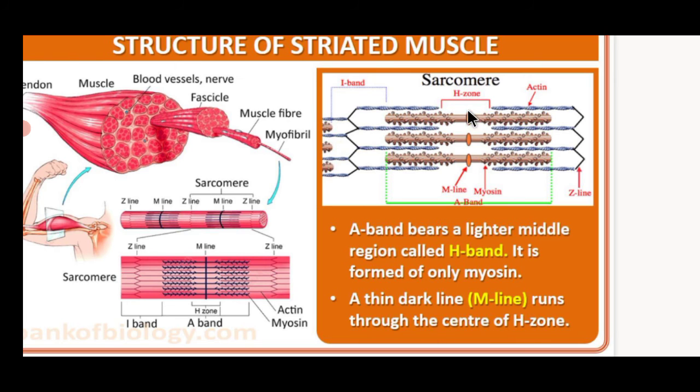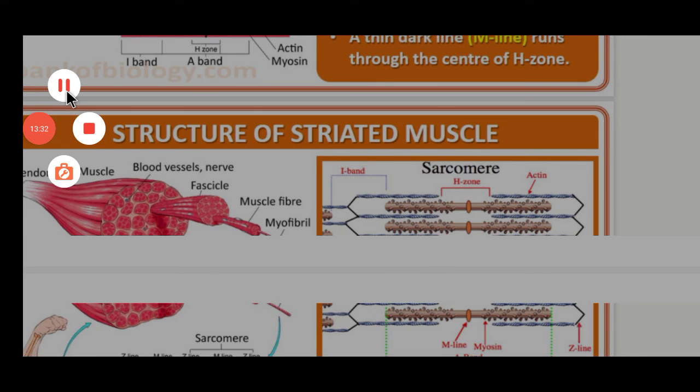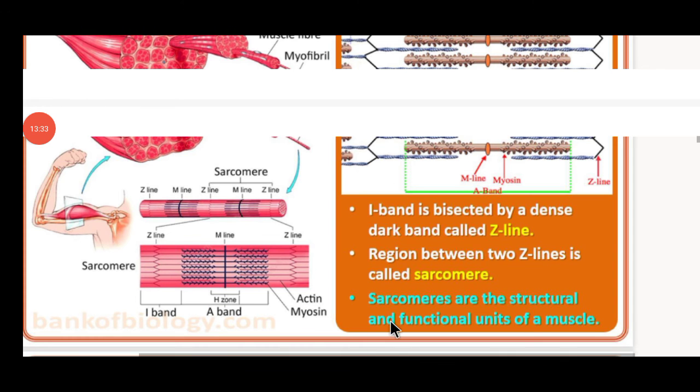This is the H zone, and the M line is here. This whole unit is called the sarcomere, and it is the structural and functional unit of a muscle. That means it helps in contraction and relaxation of the muscle.